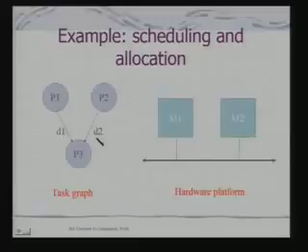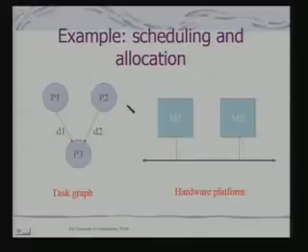Here we shall look at a simple example to understand this problem. Let's consider the simple task graph. In fact, we have looked at similar task graphs in the past as well. Now, here D1 and D2 indicate the communication cost between the tasks, and let's consider that we have got a hardware platform, that is M1 and M2, consisting of two processors.